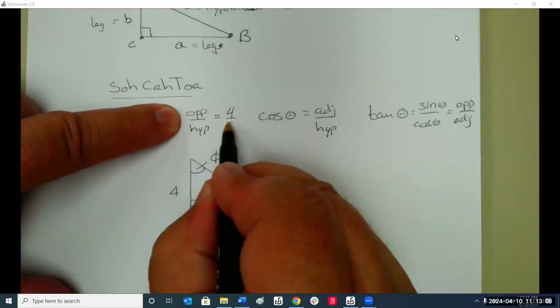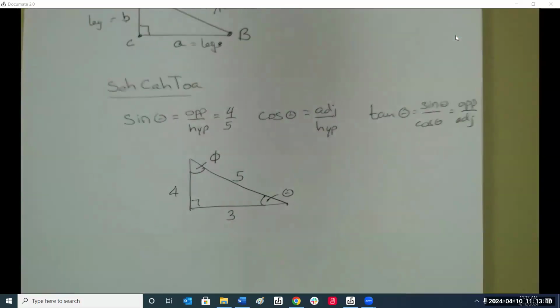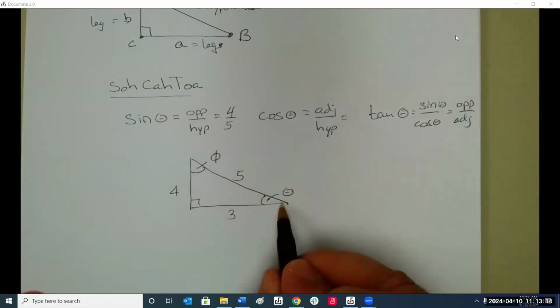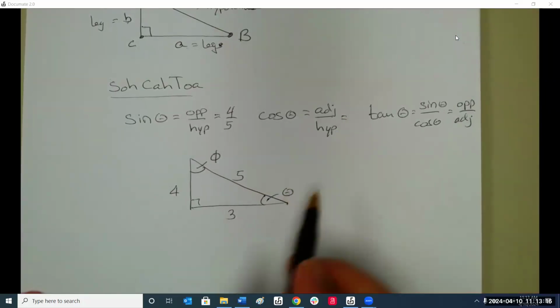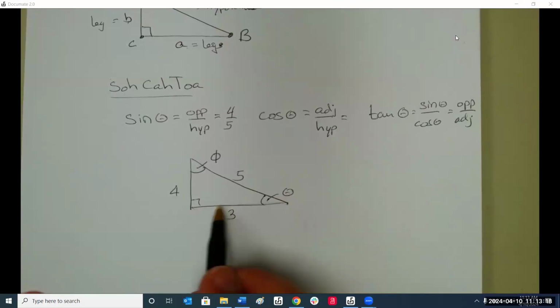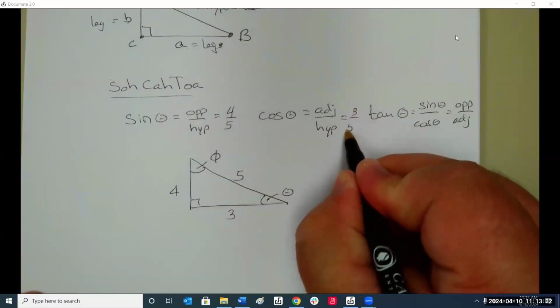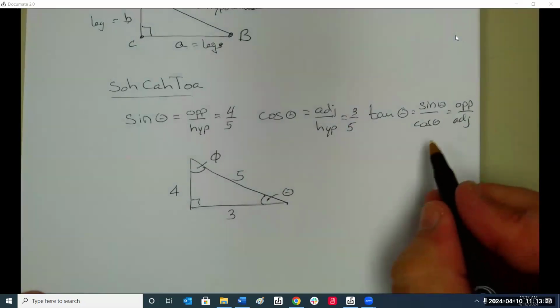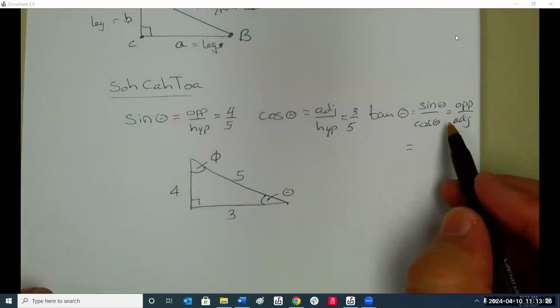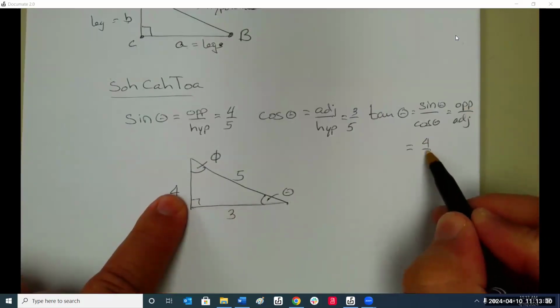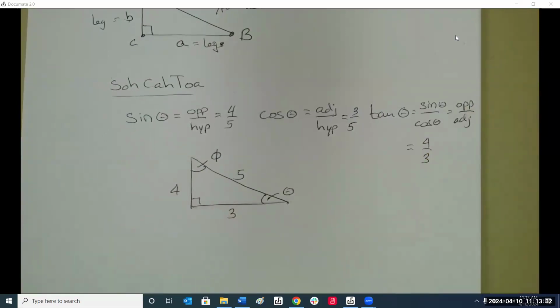The hypotenuse is 5. The cosine of theta is the adjacent, the side touching that angle, over the hypotenuse. The tangent is the opposite, which is 4, over the adjacent.